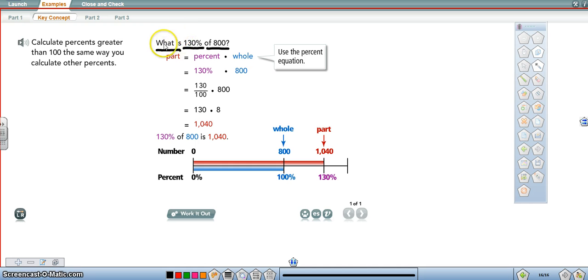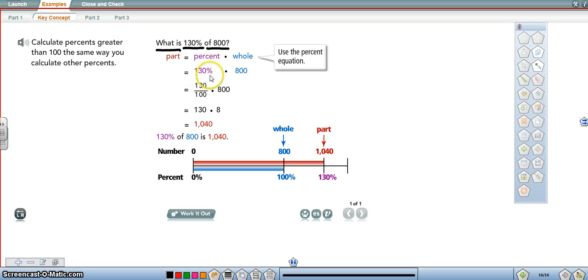Is is a keyword for the part. Of is a keyword for the whole. In this case, we don't know the part. That's the question. We do know the whole. It's 800. So I would write 130% times 800, and that can help me find the part, according to the percent equation.